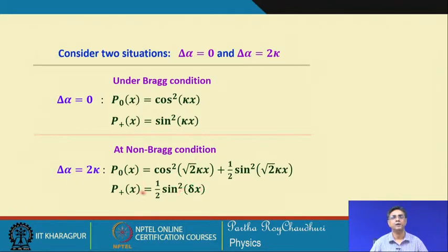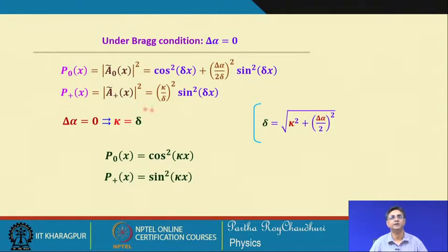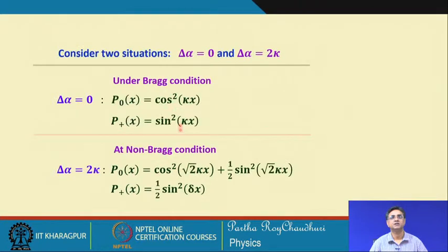So, look at these two equations: this is cosine square, this is half sine square, and if you express this as 1 minus cosine square, then the half and half will go together and you will get a variation. This is the kind of power variation.